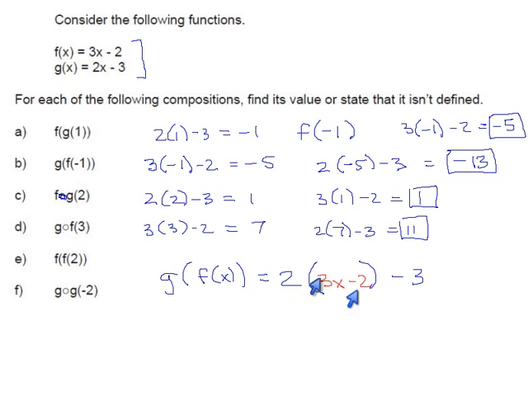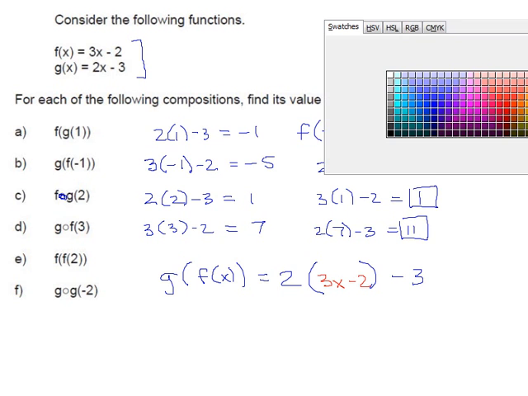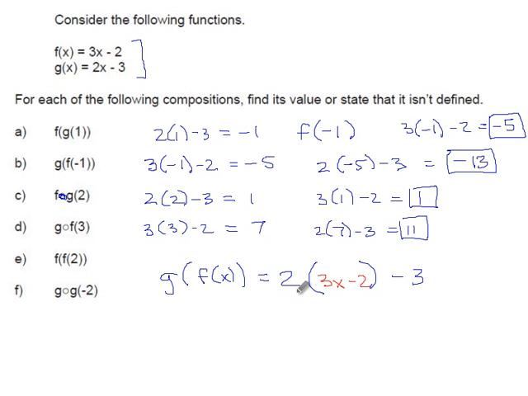All right, so everything in blue is function g, 2x minus 3, except where the x used to be, I'm putting function f in its place. If we clean this up, 2 times 3x is 6x, 2 times minus 2 is minus 4. So this gives us 6x minus 7. Now, they tell us to plug 3 into that. So let's see what happens. 6 times 3 minus 7 is 18 minus 7, which is 11. Same thing we got doing it the other way.